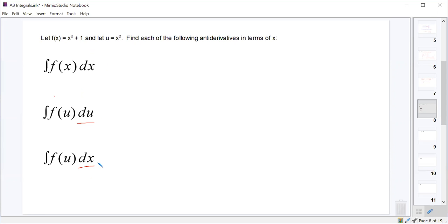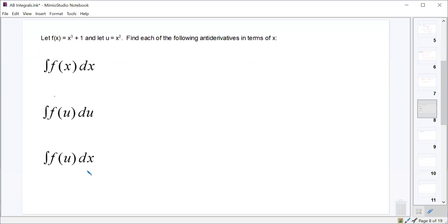So we're going to do an integral of f of x dx, an integral of f of u du, given these two functions up here, and an integral of f of u dx. And we should see that each of these three will come out completely different, just based on the variables that I put in with these small substitutions, with u equal to x squared.